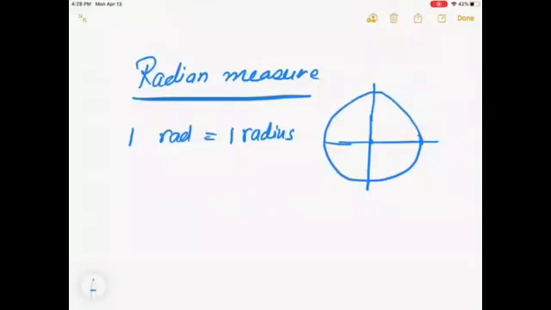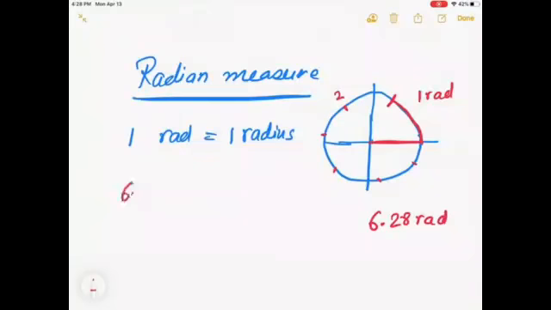It means whenever this arc length becomes equal to this radius length, it becomes 1 radian. Up to here, it would be 2 radians. Up to here, 3 radians. 4, 5, 6. So on the entire circle, we have 6.28 radians.